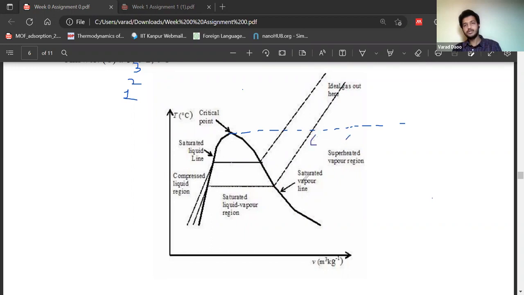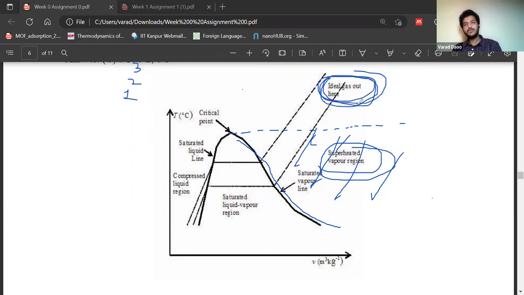Anything to the right of this line and below it is the superheated vapor region, and the region above it is the fluid region. Okay, ideal gas out. So from this also we can say that this is the saturated liquid, liquid plus vapor, and this is only vapor. Okay. So does anybody have any question?